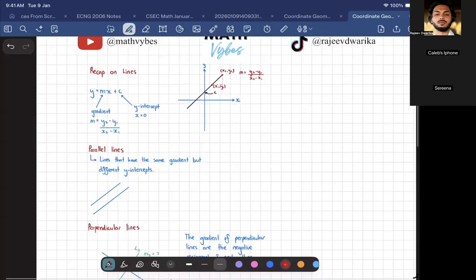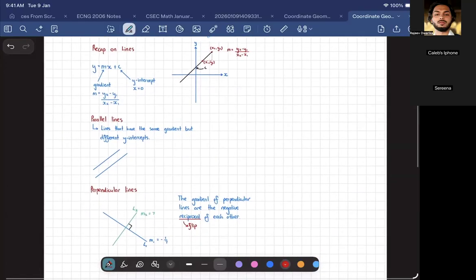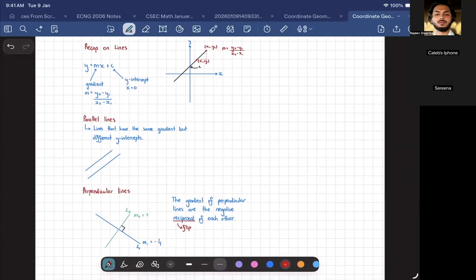All right, so if you need to, take a screenshot of these things, and we'll move on to some other things that you need to know.